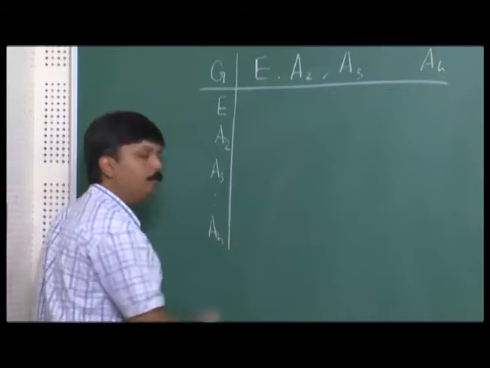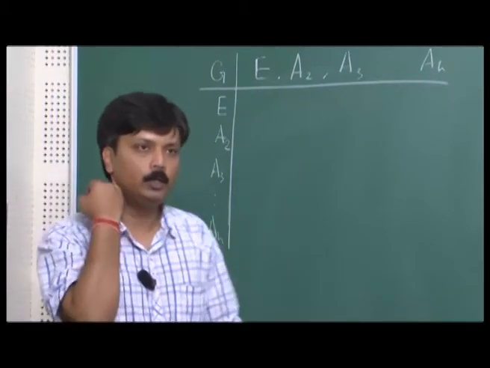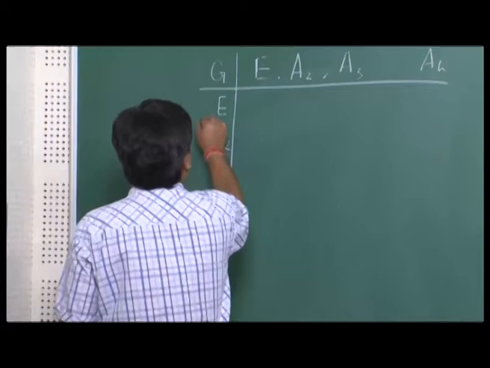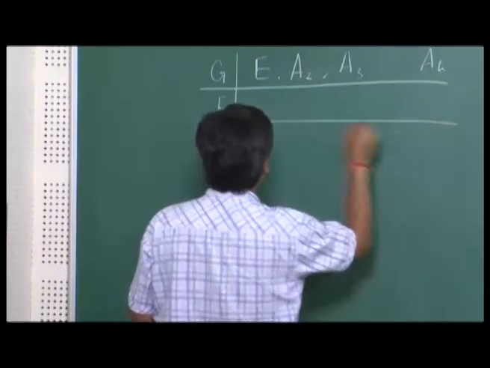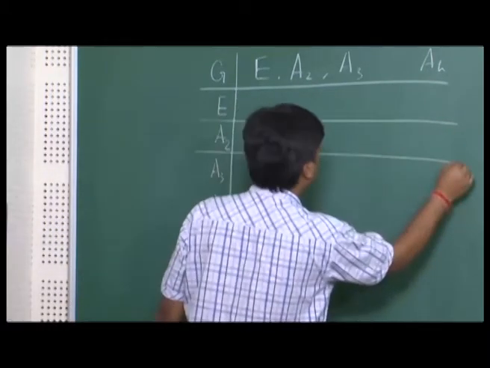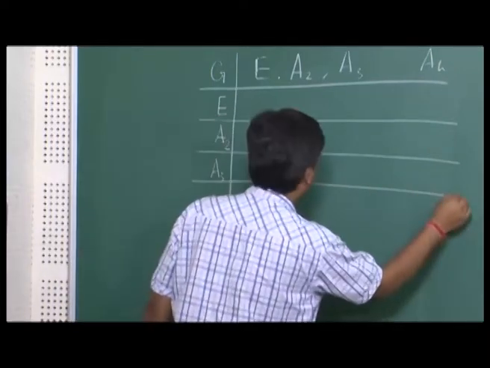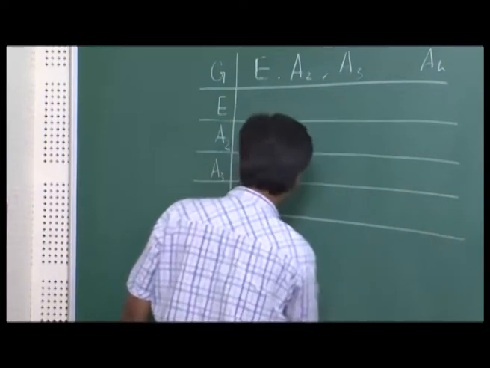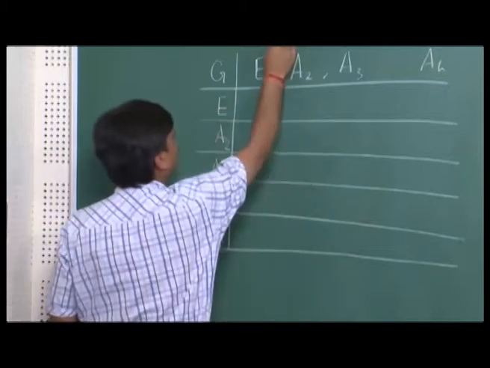So by now you probably have figured out what we are going to do next. So we will get h number of rows and h number of columns, right?